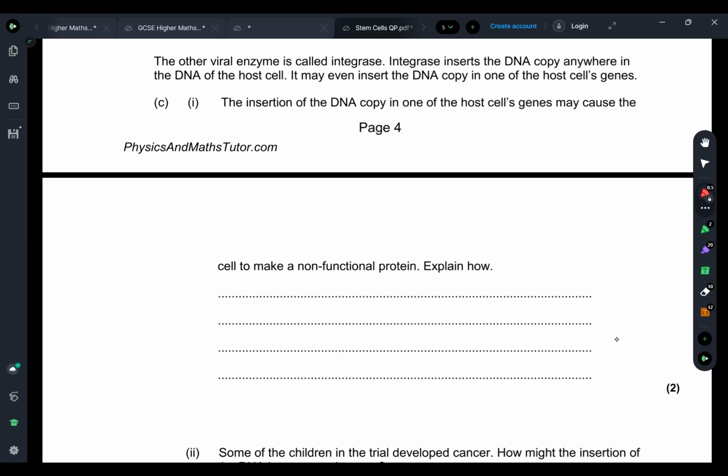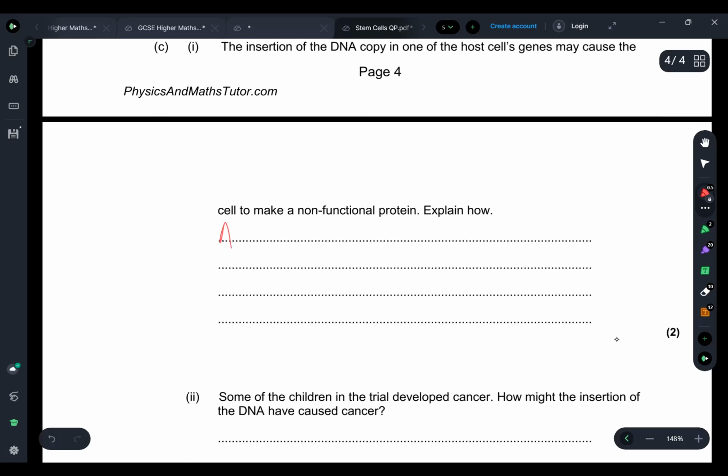So this is going back to that idea of how some proteins might not be functional, gene mutations. And what could happen is it could alter the bases, causing a frame shift.